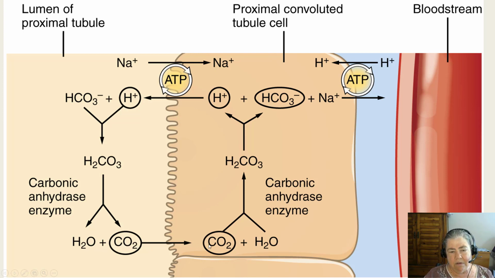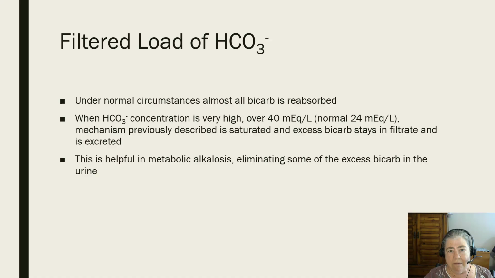The CO2 diffuses into the cell where it again combines with water under the action of carbonic anhydrase, dissociating back into hydrogen ion and bicarb. The bicarb then leaves the cell through a pump. The bicarb plus sodium goes out, so sodium bicarbonate goes out and hydrogen ions come in. And there's no net loss of hydrogen ions.